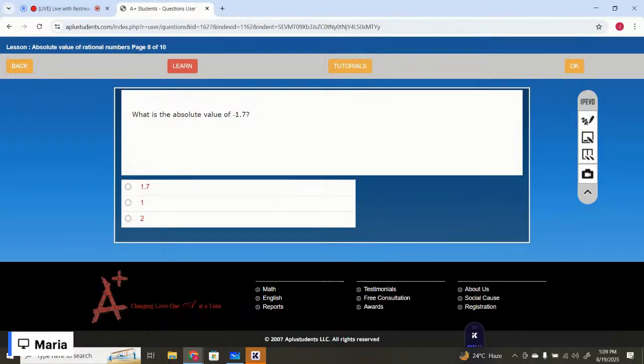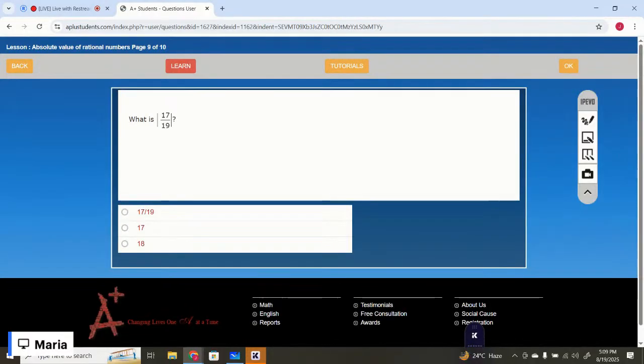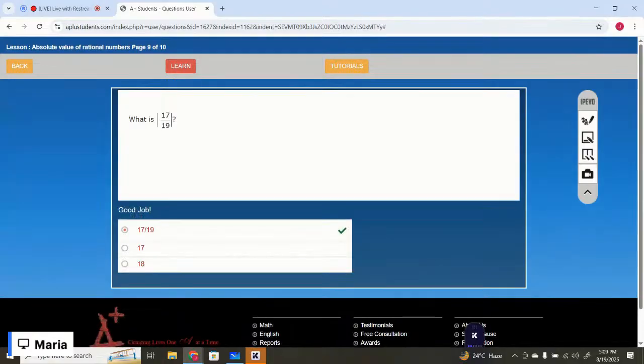What is the absolute value of negative 1.7? That is 1.7. Option number 1 is the correct option. The absolute value of 17 over 19 is 17 over 19. Option number 1 is the correct option.